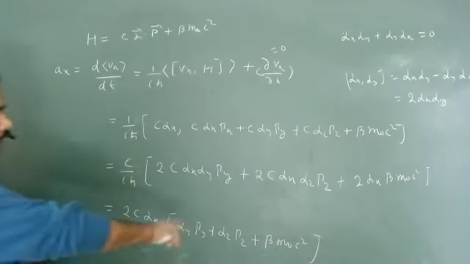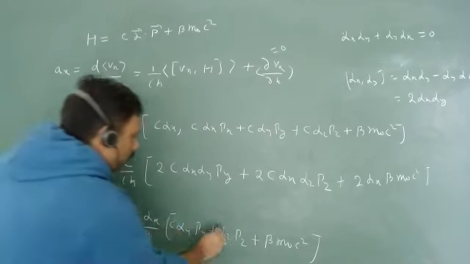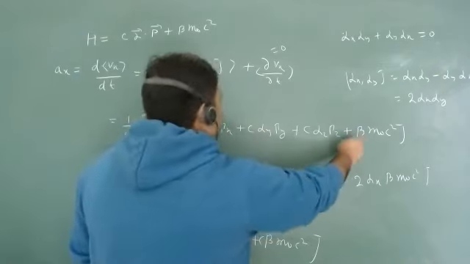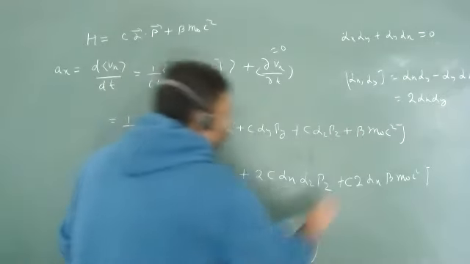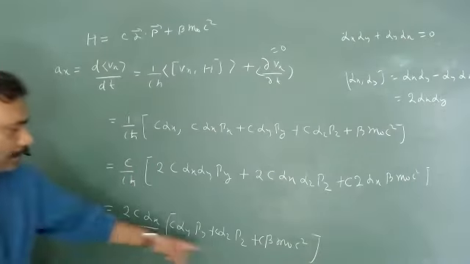Now, can I write this thing as a Hamiltonian? And c is also there, c is also there, c is also there. So one c should be also there. Yes, one c should be also there of this c. So I can write this as a Hamiltonian.